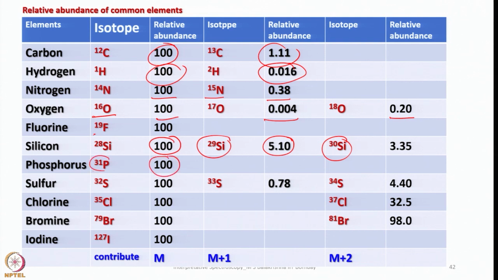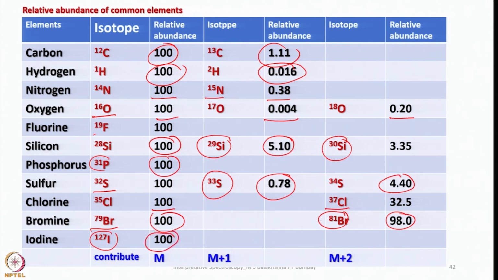In case of sulfur again we have 3 isotopes: 32S 100%, 33S 0.78, and then 34S 4.40. In case of chlorine we have 35Cl 100% and 37Cl 32.5%. In case of bromine we have 79Br 100% and 81Br 98%. And in case of 127I, iodine, we have only one, which is 100%.